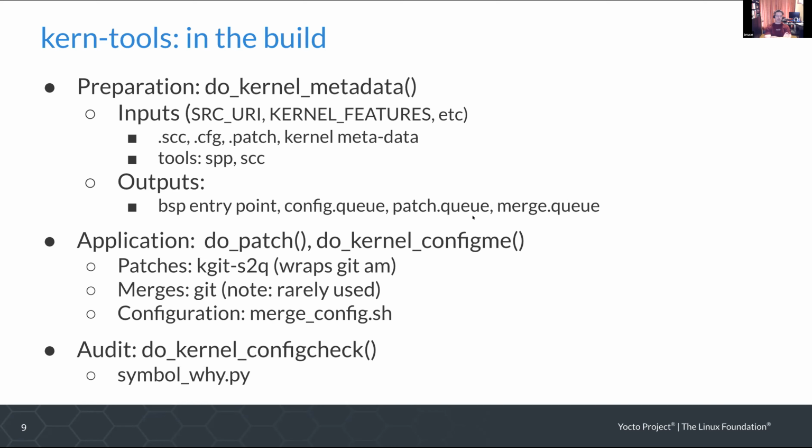It then does an audit, and that's something that I have rewritten in the last year into Python, which is good. And it is the one that's called symbol_Y.